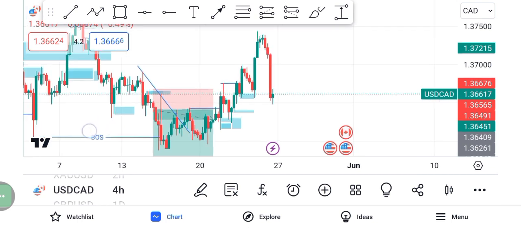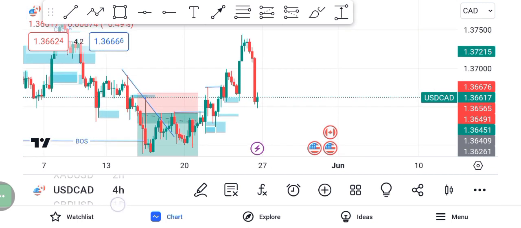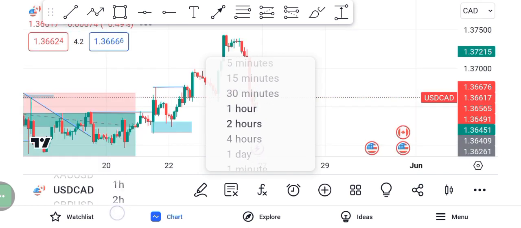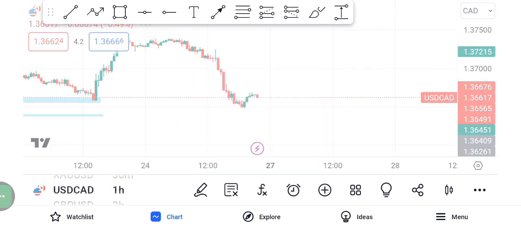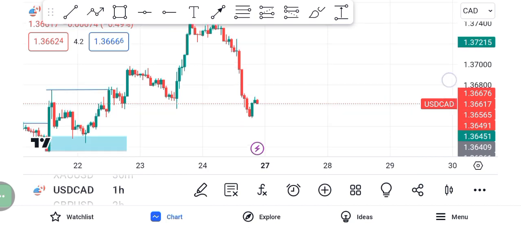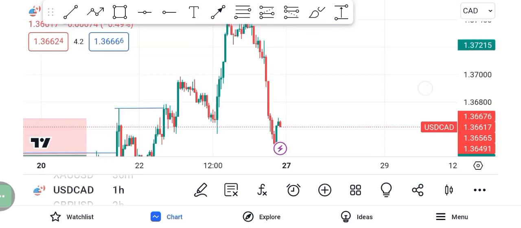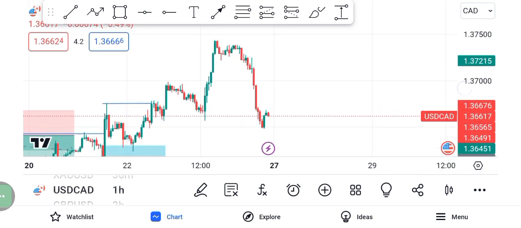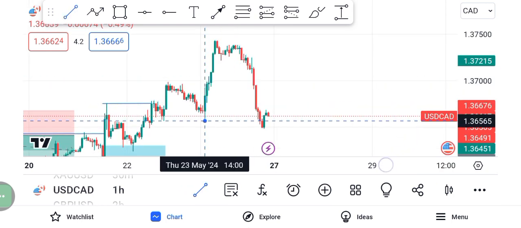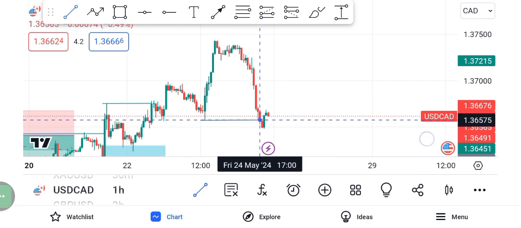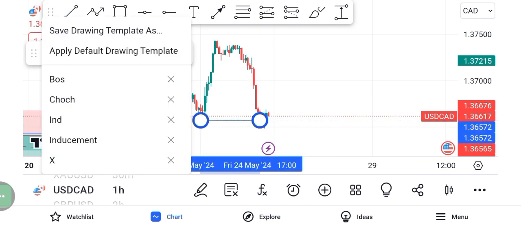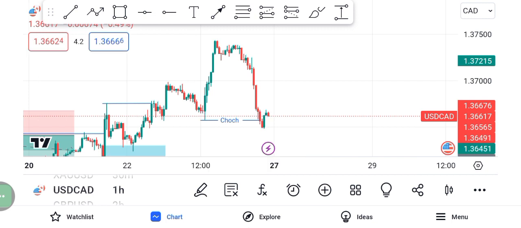we are on the 4 hour time frame, but let's go now to the 1 hour time frame. On the 1 hour time frame, you can see that price is tanking down again, giving us a change of character here, which indicates that the momentum is going down.